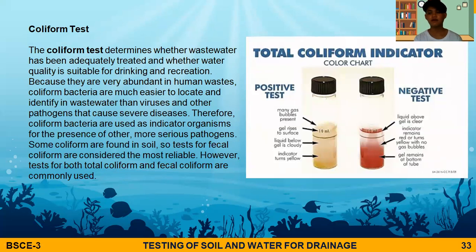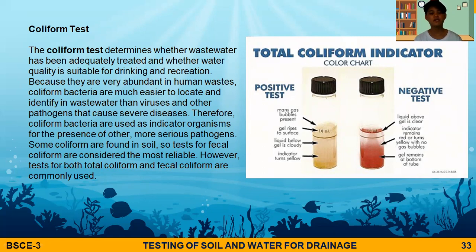Next is the coliform test. The coliform test determines whether wastewater has been adequately treated and whether water quality is suitable for drinking and recreation. Because they are very abundant in human waste, coliform bacteria are much easier to locate and identify in wastewater than viruses and other pathogens that cause severe diseases.